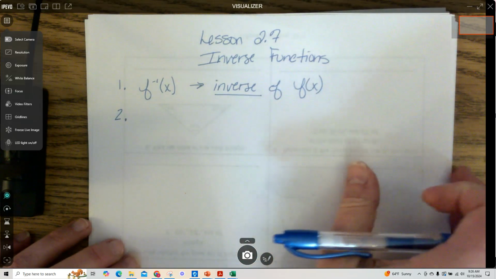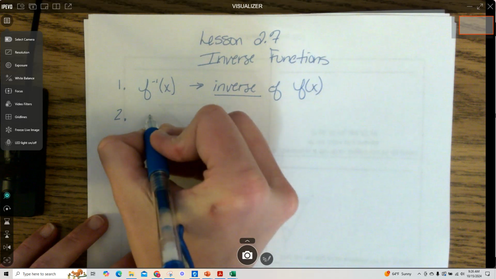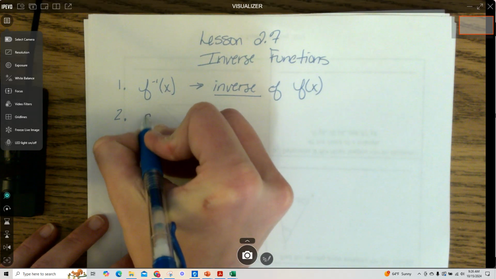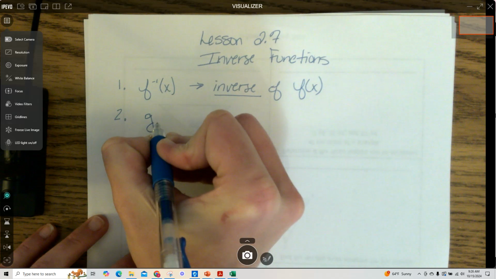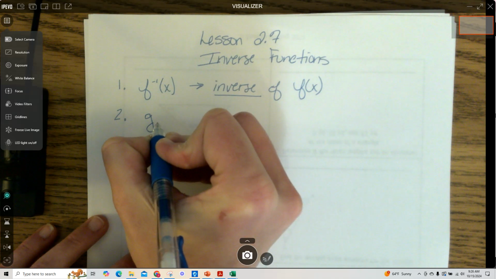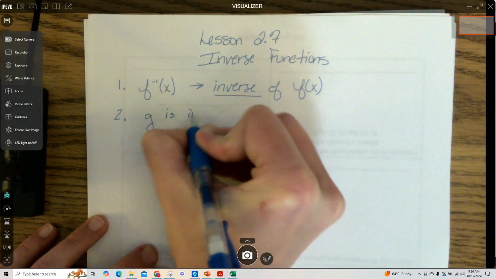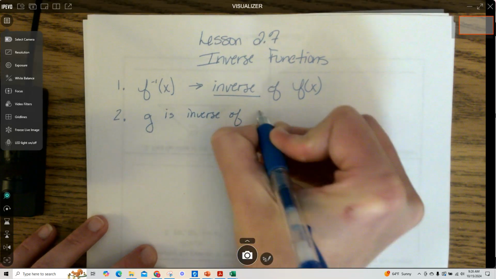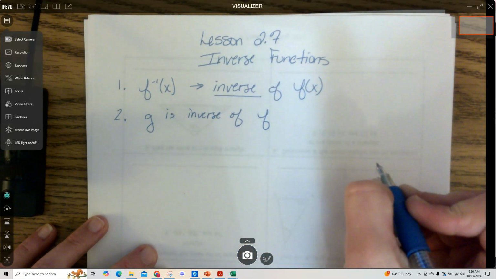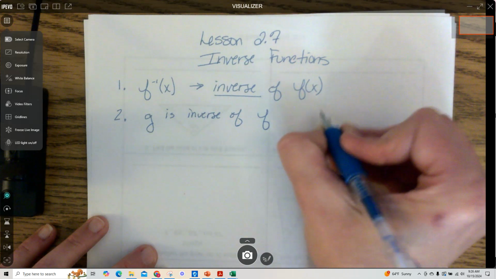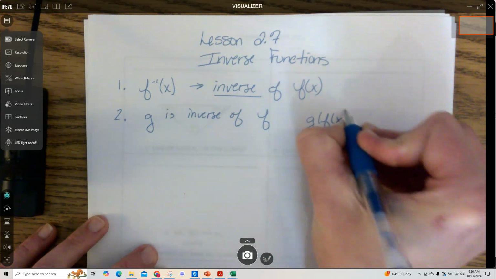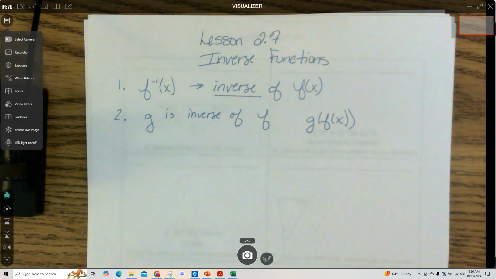Okay. Number two. If the function g is the inverse of the function f, then f of g of x equals blank, and g of f of x equals blank. The choices are x or y.